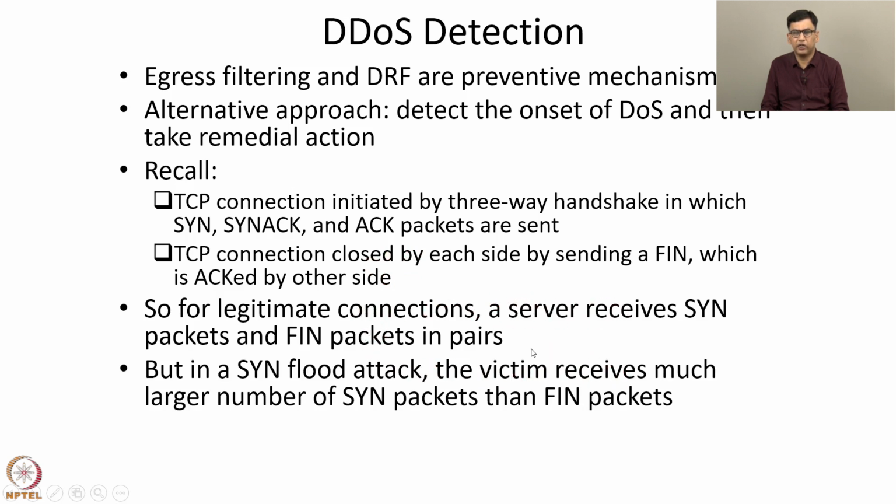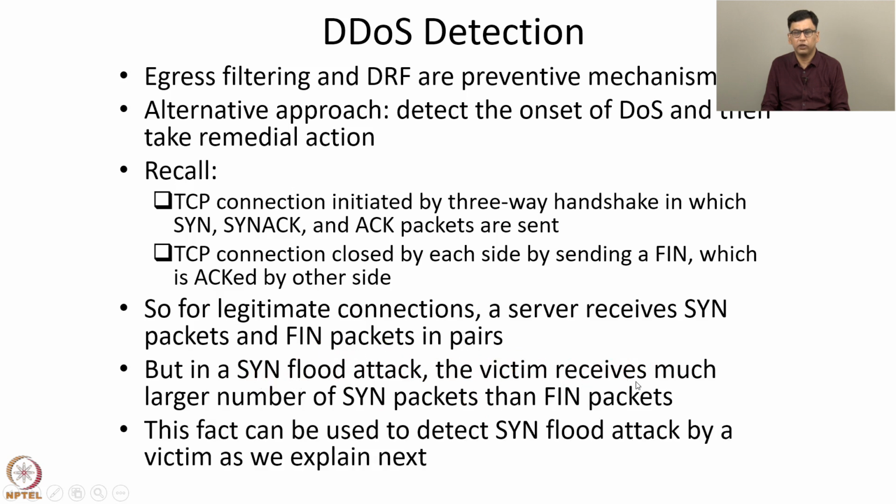Recall that the attacker just sends a SYN packet and then does not send subsequent packets. So the connection is only half open. In this case, the FIN packet is not sent corresponding to a particular SYN packet. Hence, in a SYN flood attack, the victim receives a much larger number of SYN packets than FIN packets.